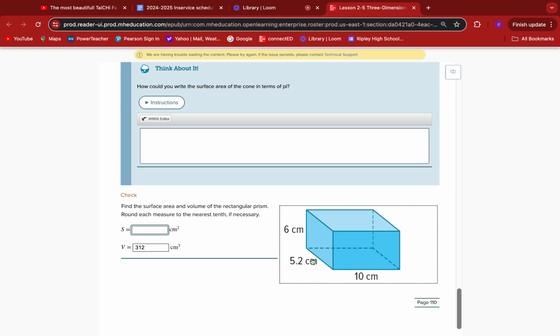There's my length, there's my height of the base. So it'll be plus 2 times 5.2 times 10. All right, do that on your calculator. Should be getting 286.4.